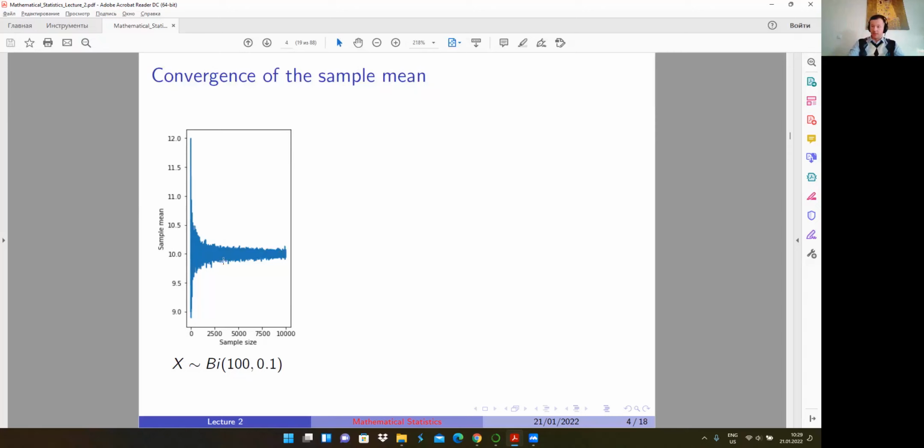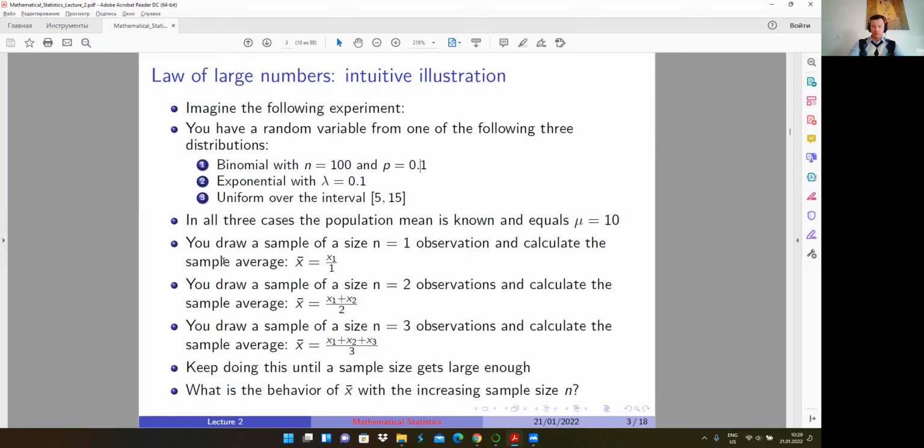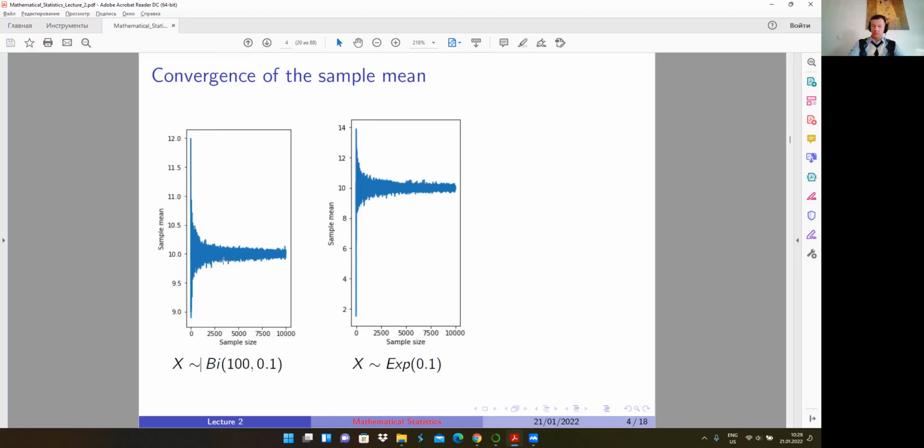So what happens with the other distribution? So here is an exponential distribution. Again, for a small sample size, I have huge variation, but then immediately when the sample size increases, my realizations become tightly concentrated around the true population mean, true expected value.